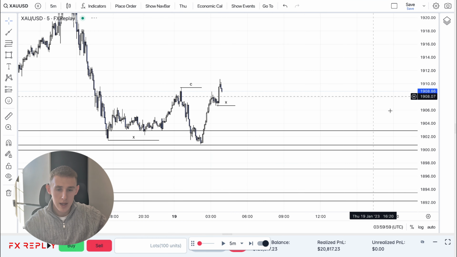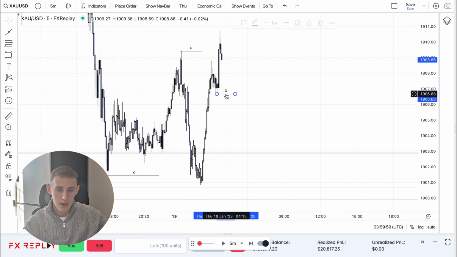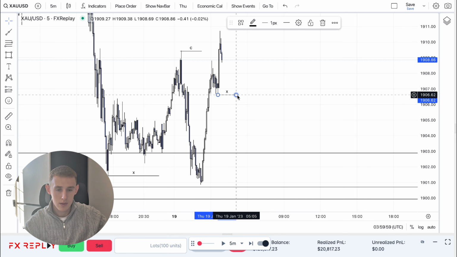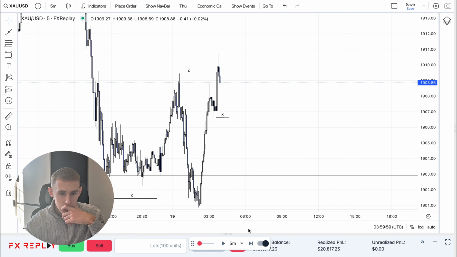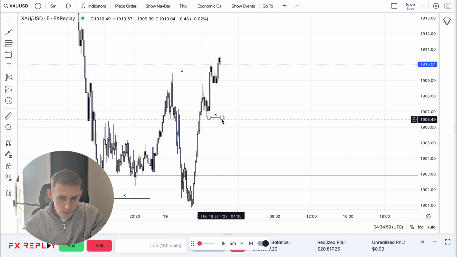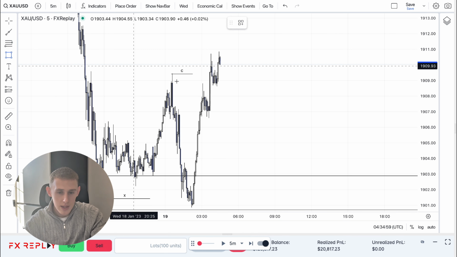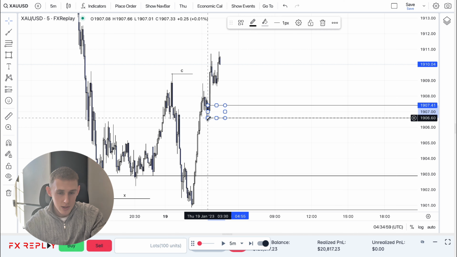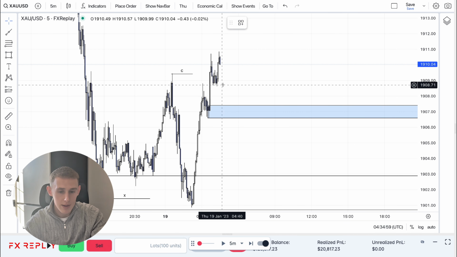So let's see if we get that after this low gets taken out or not. You could also see a reaction from this now. This demand has become valid for me because you now have liquidity above it.